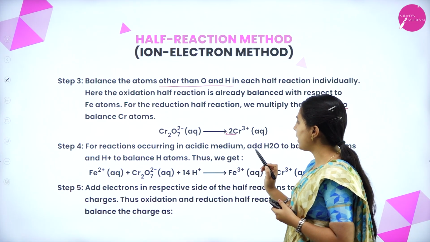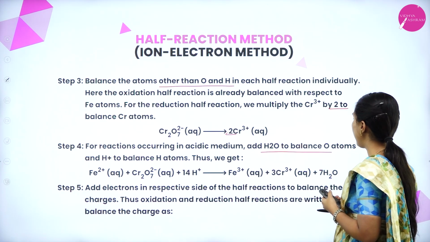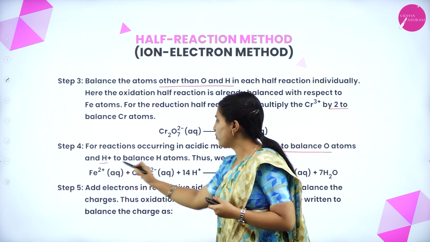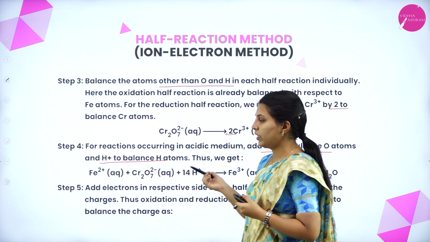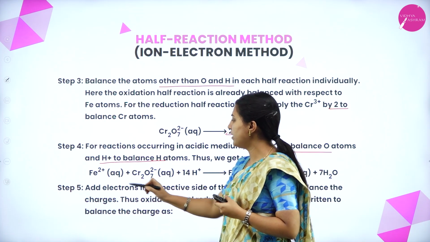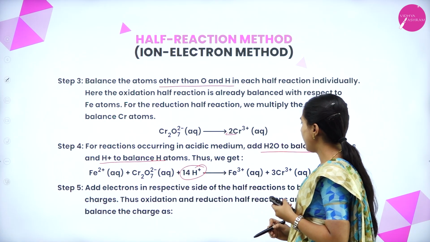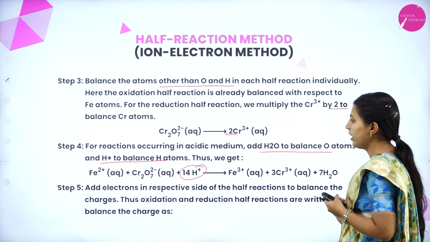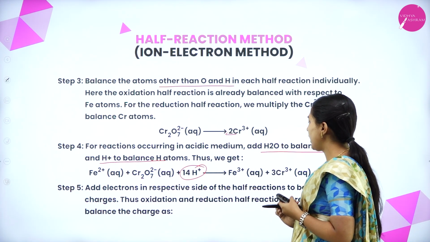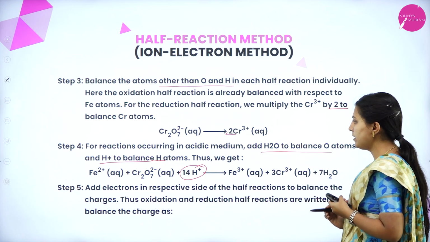Next, for reactions occurring in acidic medium, add H2O to balance oxygen and add H+ to balance hydrogen. Thus we get, now oxygen and hydrogen you are going to balance. Overall 14 H+ they have added to balance. Okay. Add electrons on the respective side of the half reactions to balance the charges.